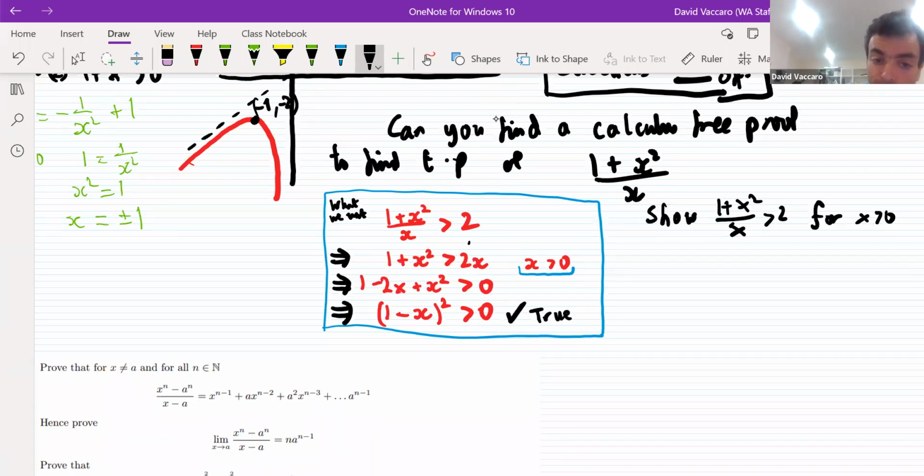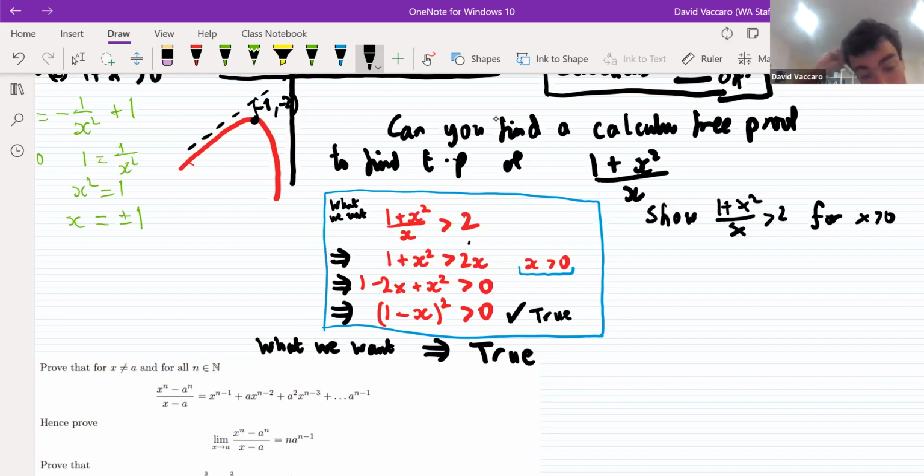So our proof has had the flow of starting with what we want and then doing a chain of reasoning and reaching something true. Is this the right structure of the proof? No, the right structure of the proof starts with something that is true and goes back to what we want.